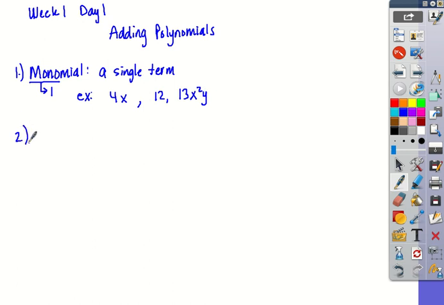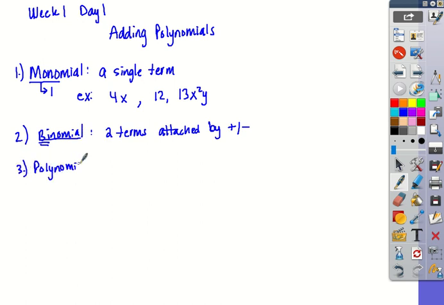The other term that we need to know is binomial. And like a bicycle has two wheels, it has two terms, and it's attached by adding or subtracting. And the last one is a polynomial, where poly means many.